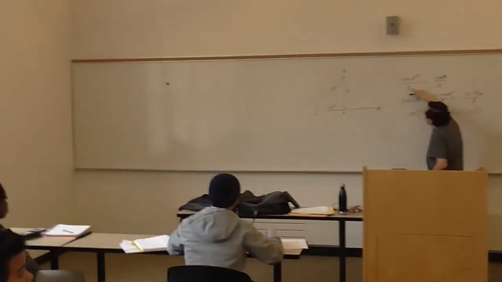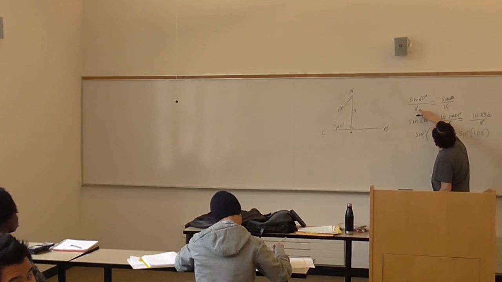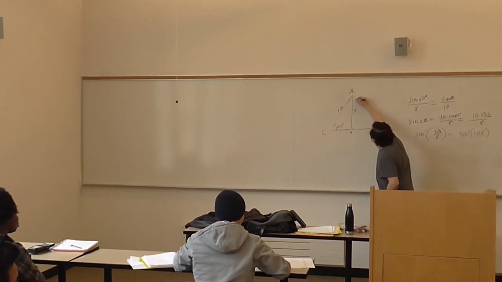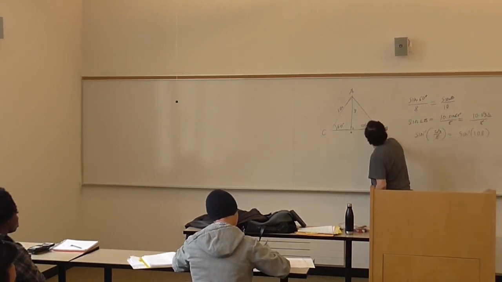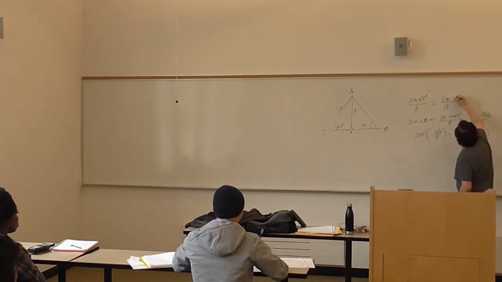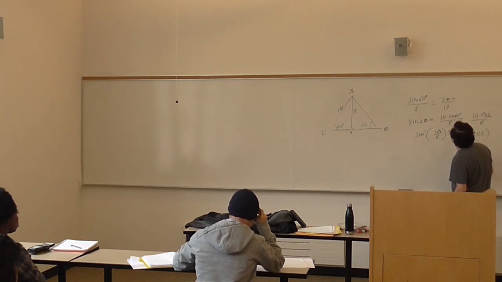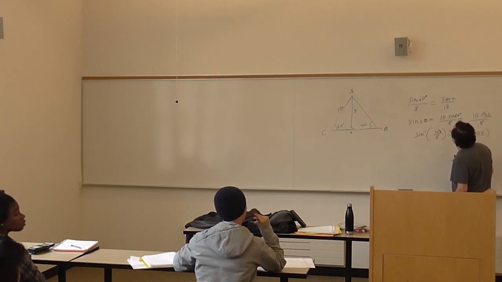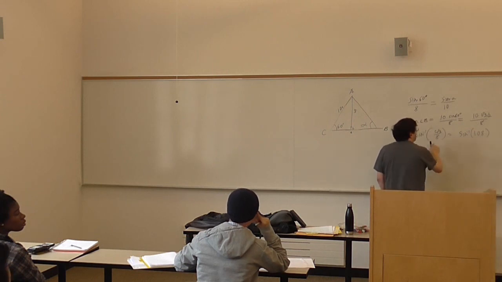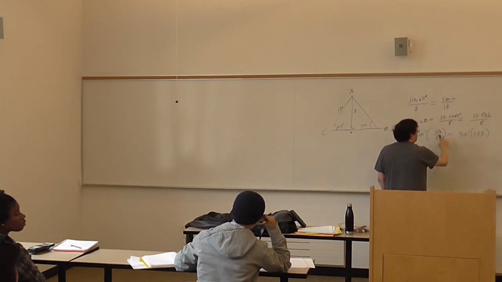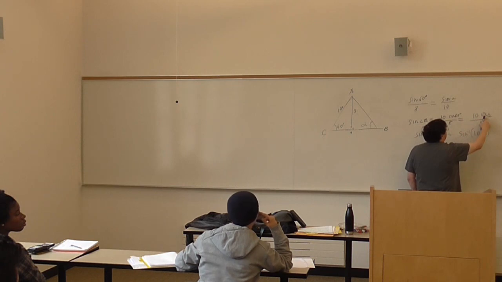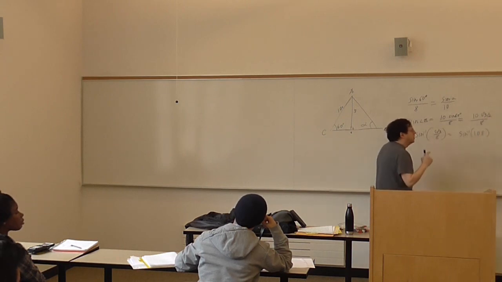Sine of 60 over 8 should be the sine of this angle, let's call it alpha, over 10, right? So where's my mistake? It's 5 times square root of 3 divided by 8, and it's supposed to be divided by 4. I keep hearing that, but isn't 10 times the square root of 3 over 2 5 times the square root of 3? Yeah.